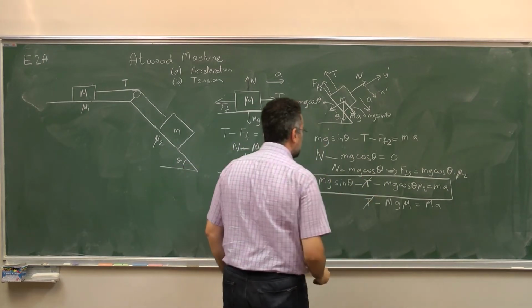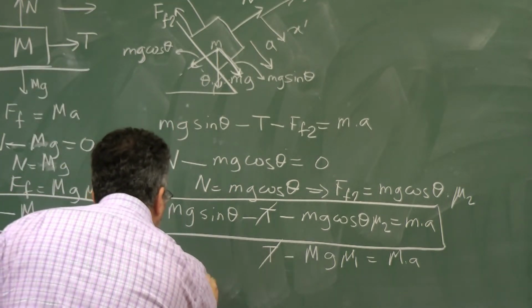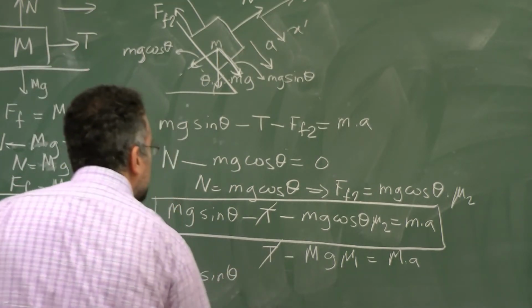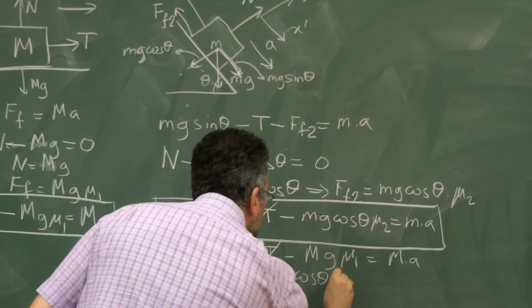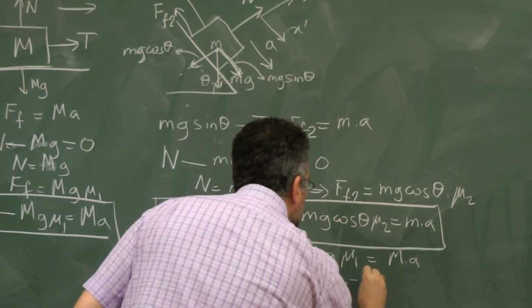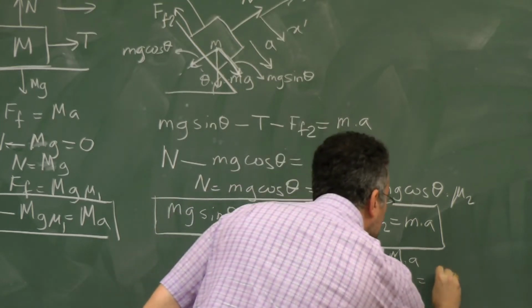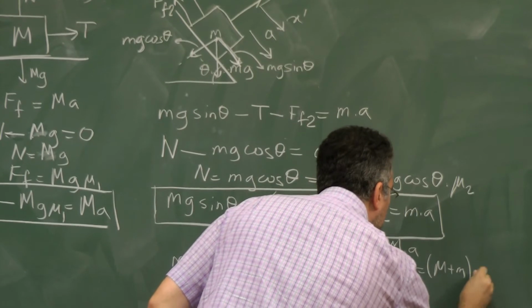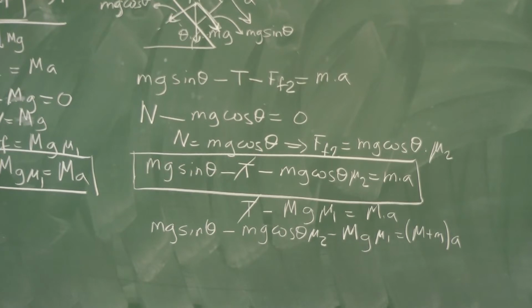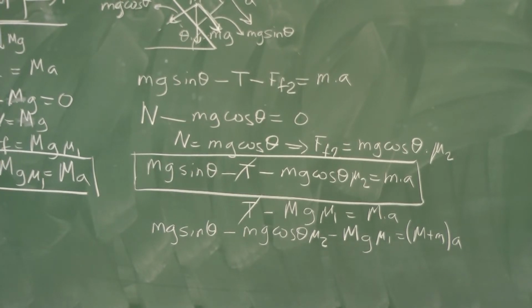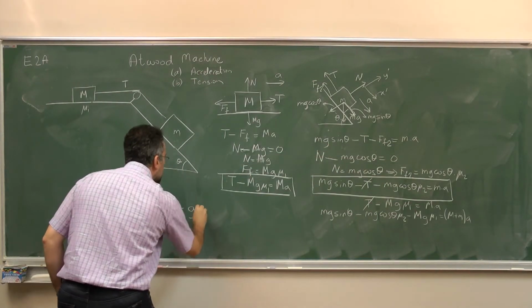So the T's cancel. What do I get? mg sine theta minus mg cos theta mu2 minus capital Mg mu1 equals little m plus capital M times A. Thus, if I manage to pull the acceleration out of that, I get what? Everything comes with a g.